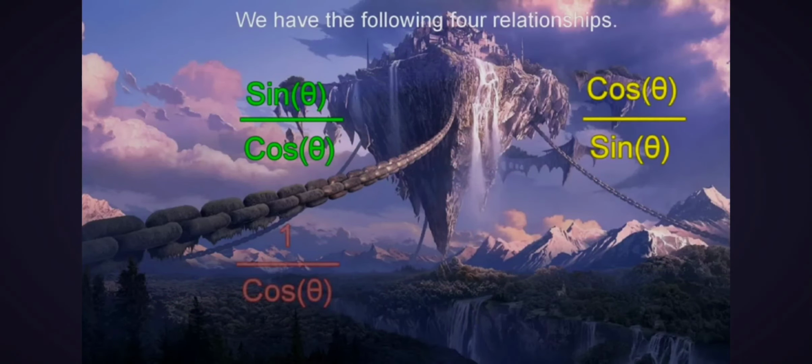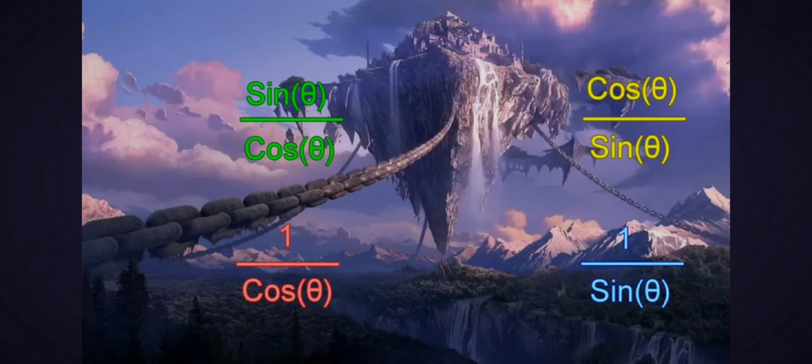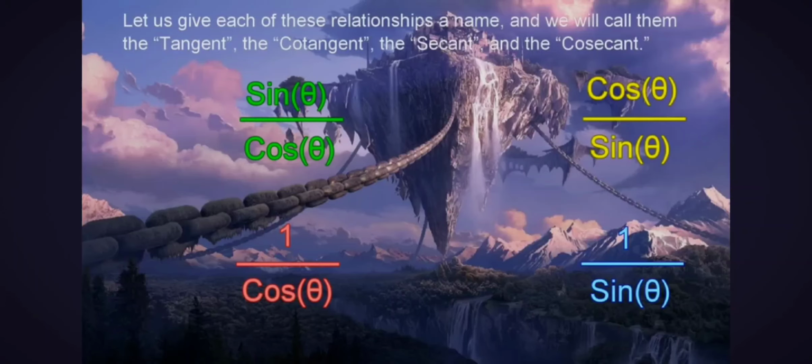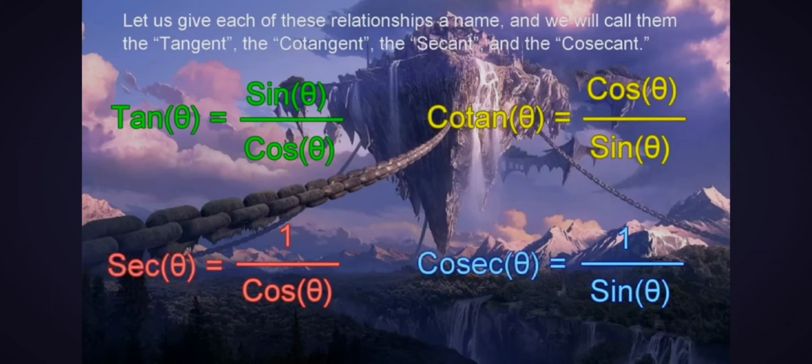We have the following four relationships. Let us give each of these relationships a name, and we will call them the tangent, the cotangent, the secant, and the cosecant.